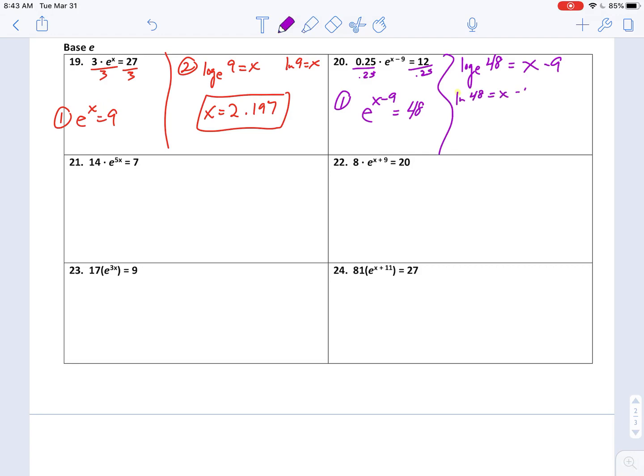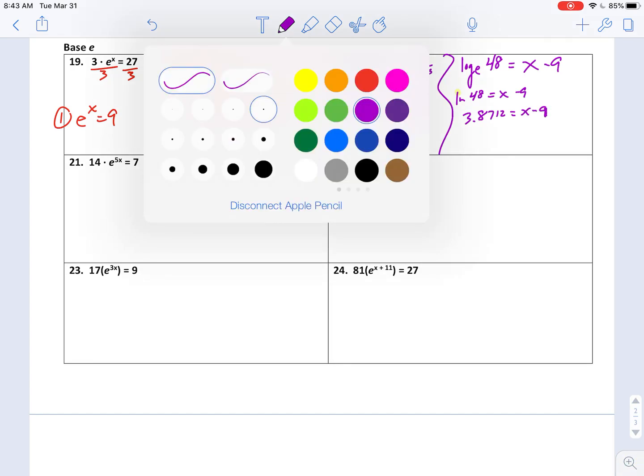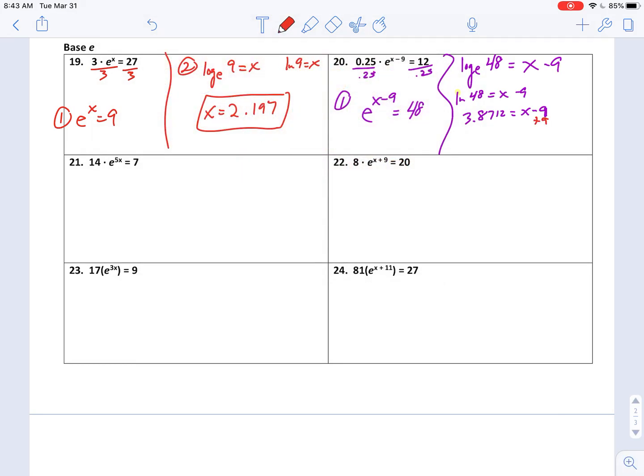And you know, we can simplify this in our calculators. And let me find out, what is the natural log of 48? It is 3.8712.